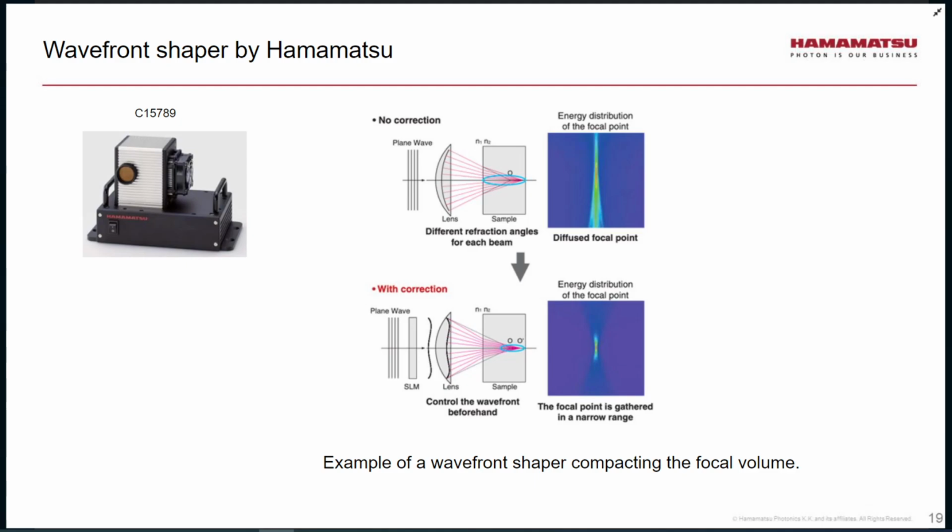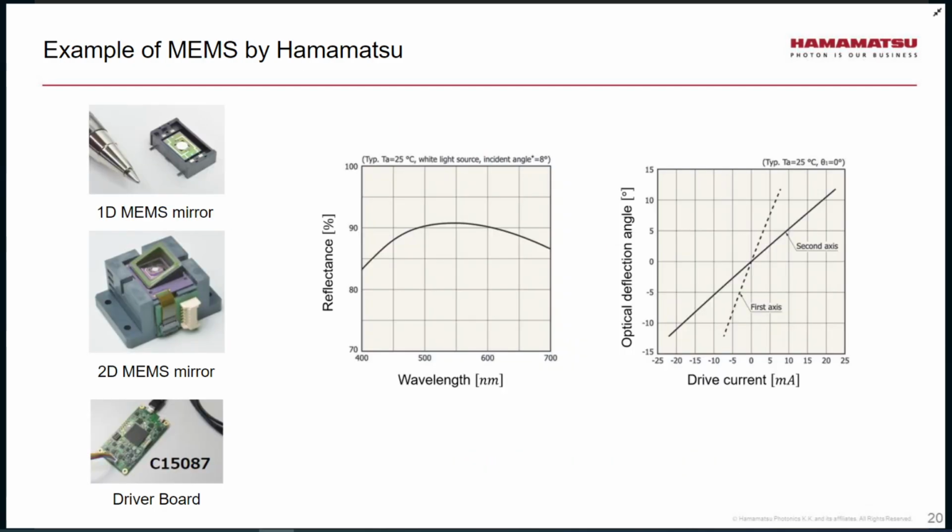And so here, just note that Hamamatsu, again, which sponsors this presentation, makes a wavefront shaper shown here. And on the right-hand side, we see some realistic images of how it can improve the quality of the focus.